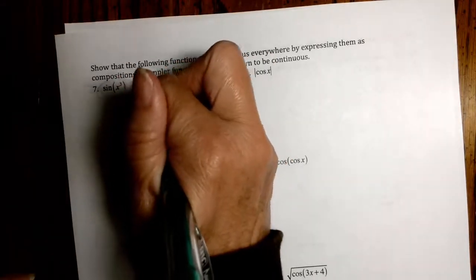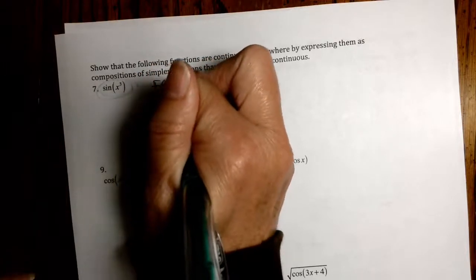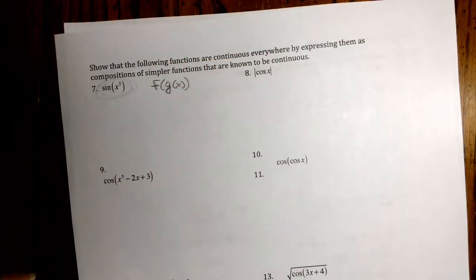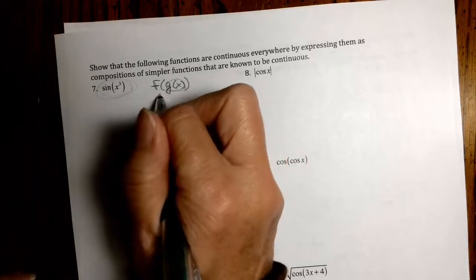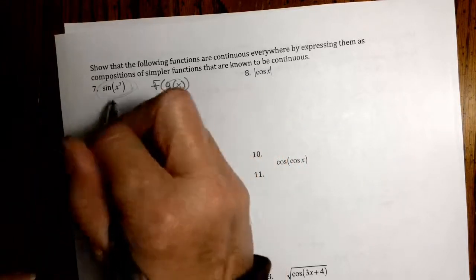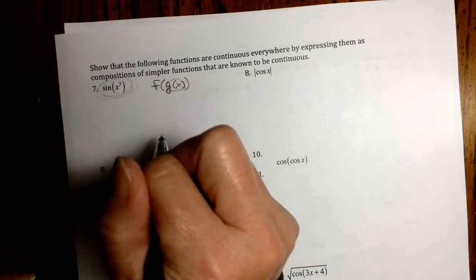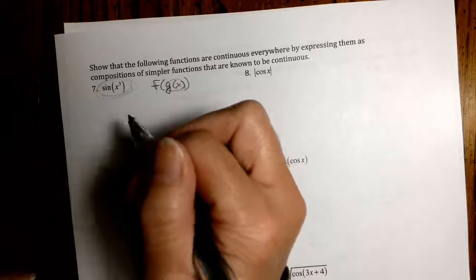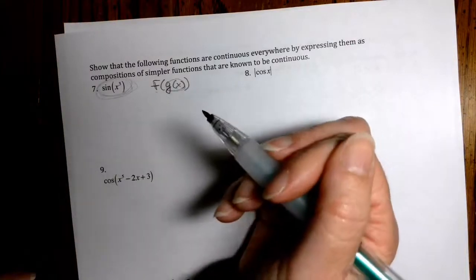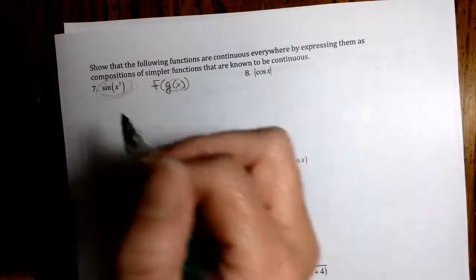Recall from pre-calc, f of g of x means that you have a function g being put into function f. When I look at this problem to figure out who is the f and who is the g, I would ask myself what is done first to the x, because that's considered inside.